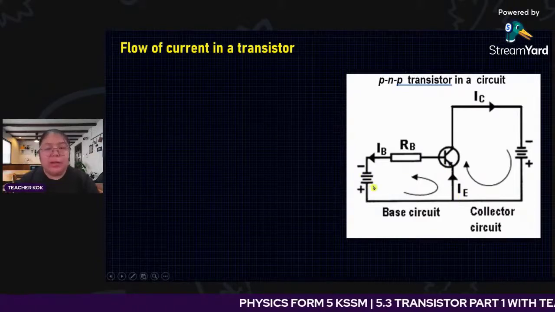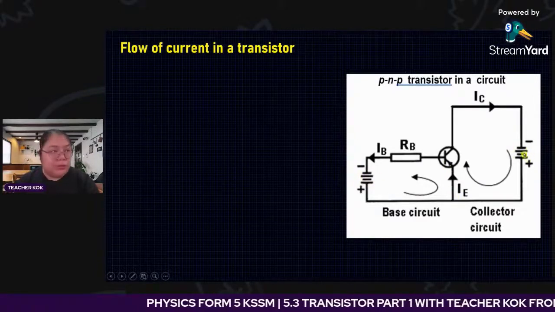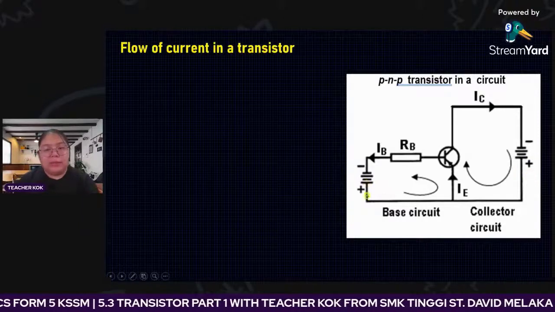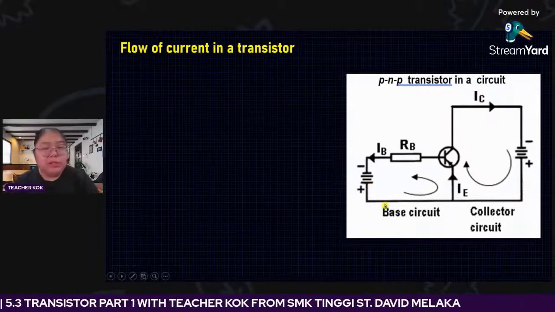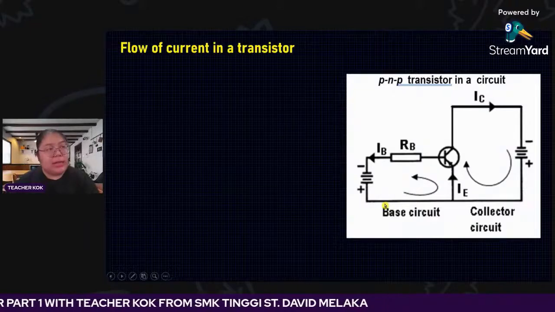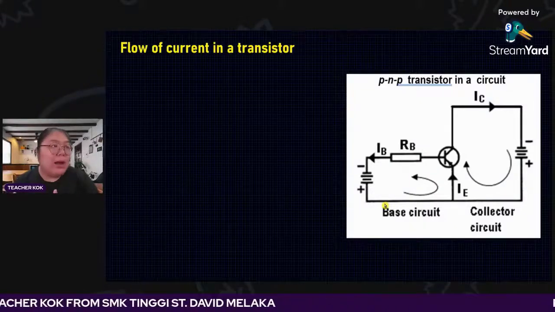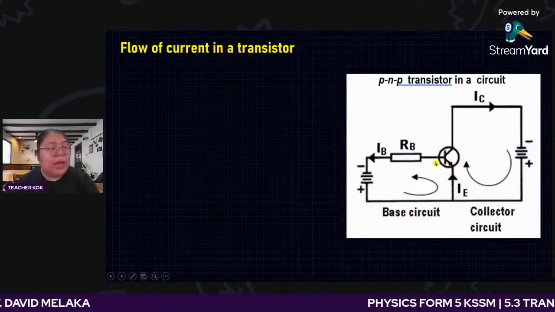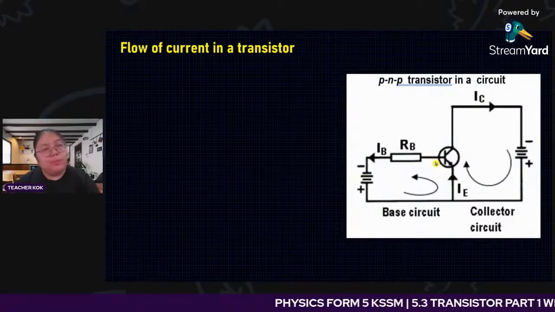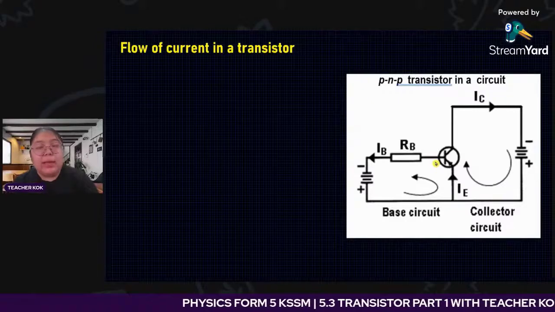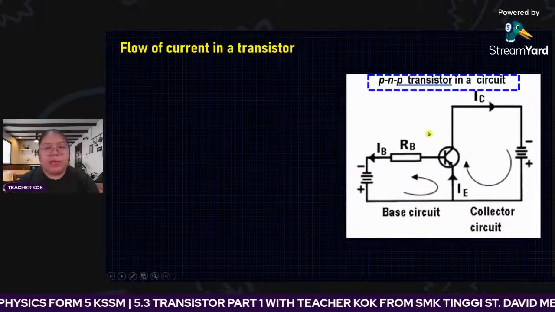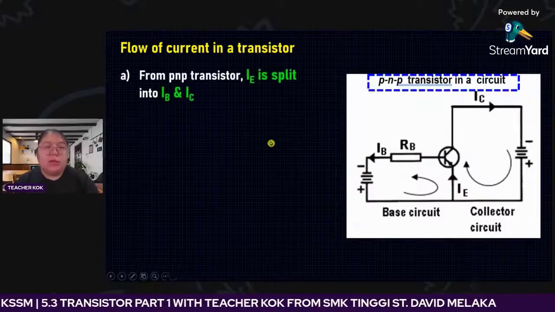That means all the current must start at the bottom. Just now the current started at the top and came down; now it is upside down. Now the arrow is point in permanently, so the arrow must be in. So from here we go on to explain the PNP transistor.